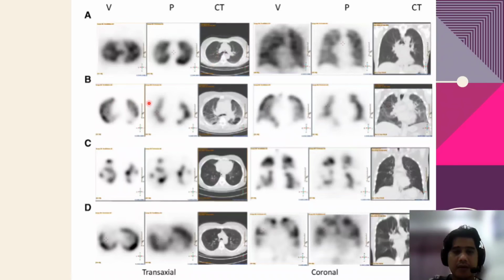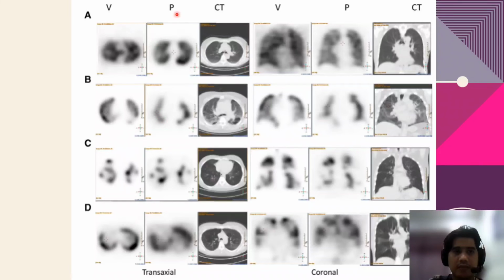Here we can see the patient with mismatch in mixed emphysema and fibrosis. Abnormal VQ SPECT with ventilation to the periphery and perfusion to the central part of the lobes.